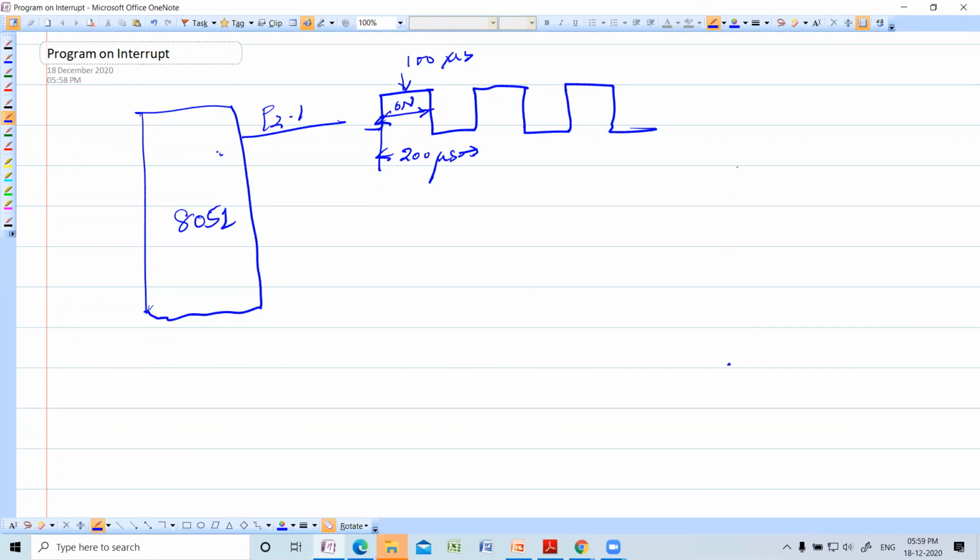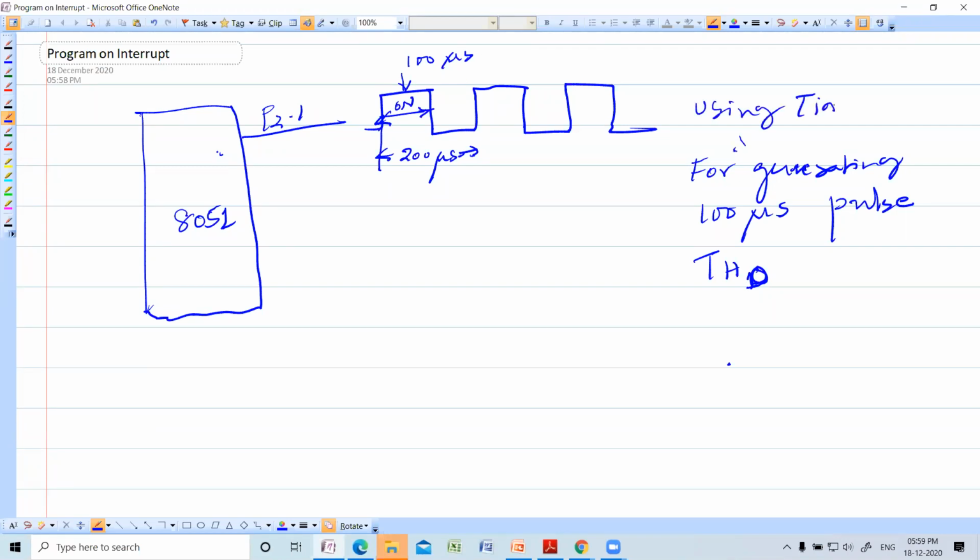So for generating a 100 microsecond pulse, using timer 0, TH0 should be 100 divided by 1.085 microsecond, which is the clock period.